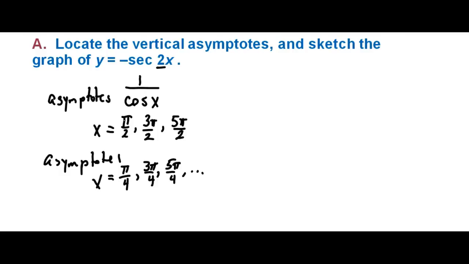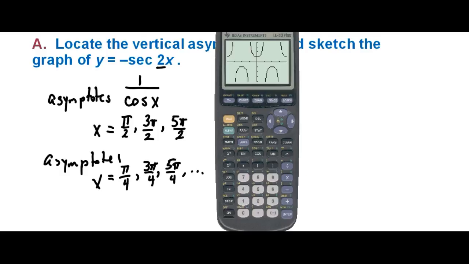So just to verify that, let's also bring up, and remember, since it's negative, it's also going to flip it over the x-axis. So if we bring up negative 1 over cosine x, there's our original secant x. Now we have our other function.